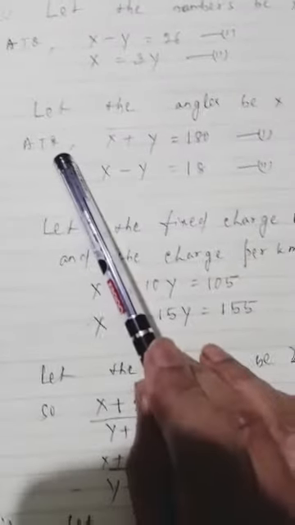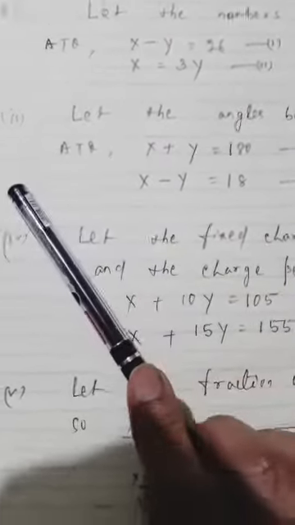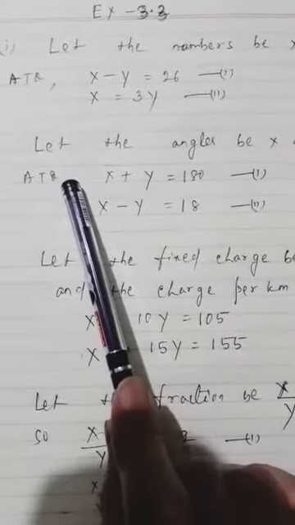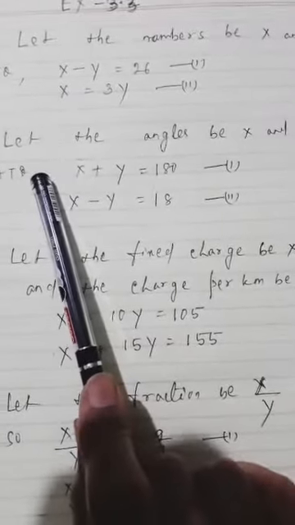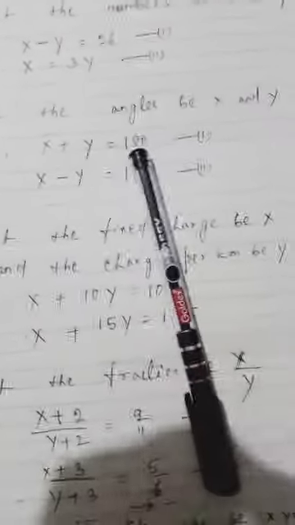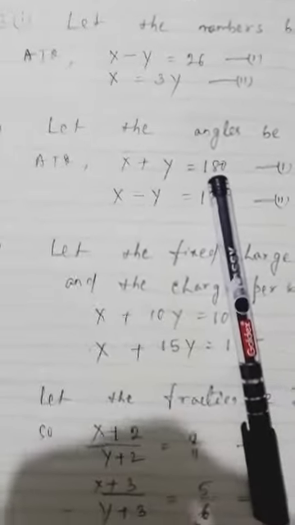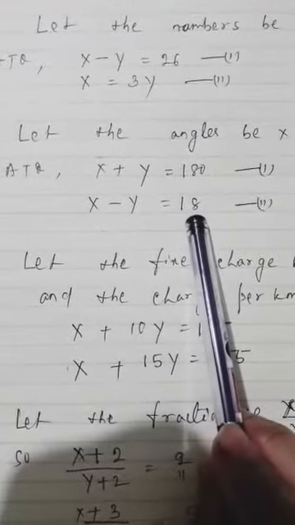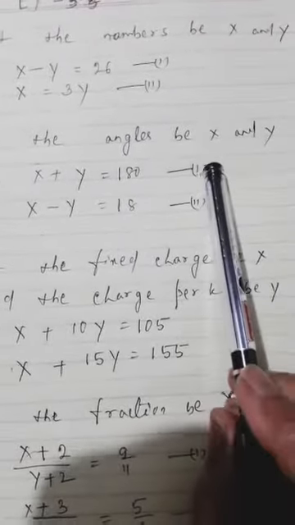Come to the second bit. So in the second bit what is given? It is given that there are two supplementary angles whose measurements are unknown. But it is given that the difference of those two angles is 18 degrees. So what are unknown here?